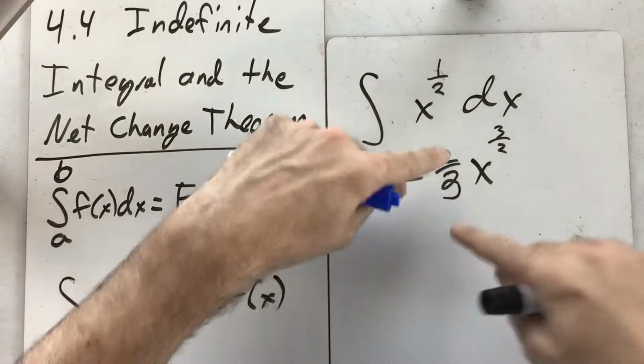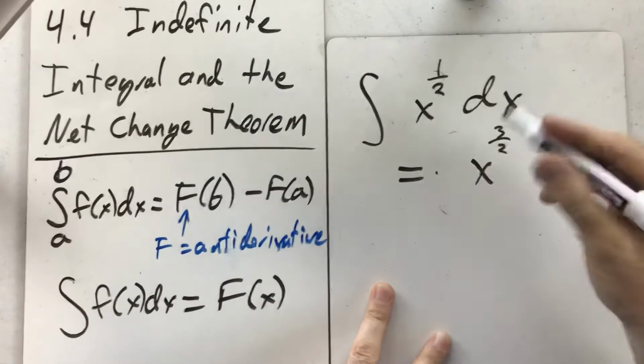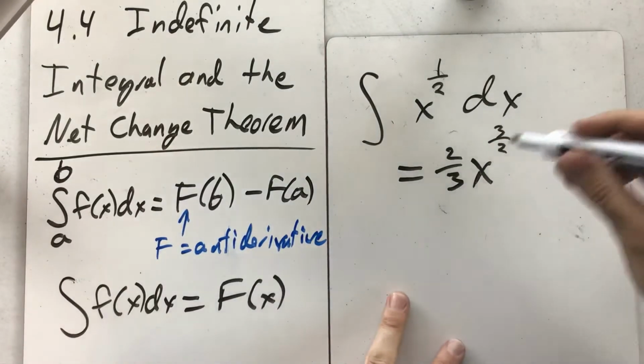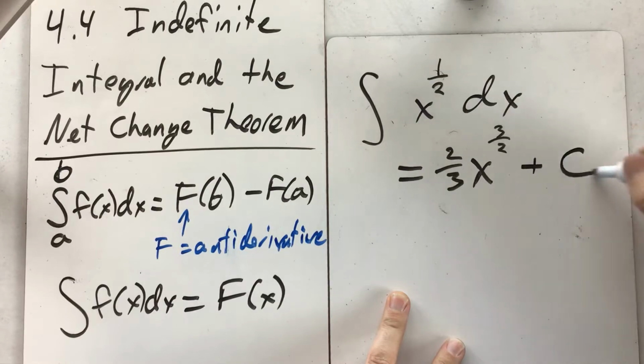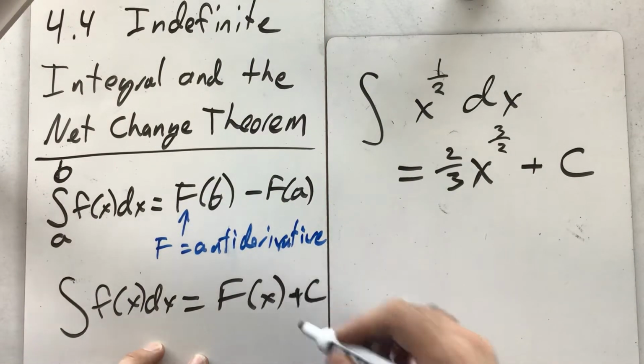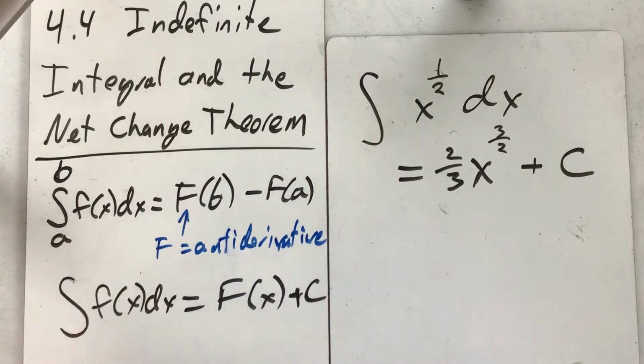So you flip the denominator. Let me rewrite that so it looks better. We also know that antiderivatives always have a plus c on it, so this integral is F of x plus c. And so here's our antiderivative plus c.